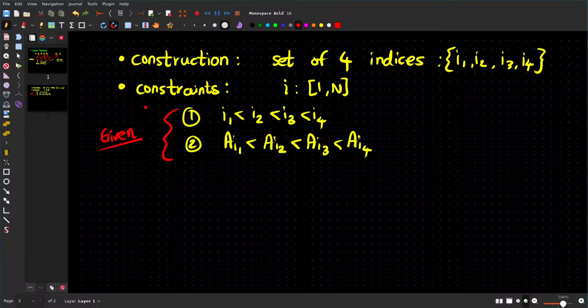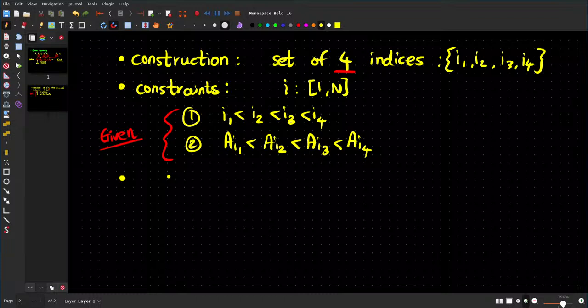So this is given, and you figured out that we need to construct a set of 4 indices. Some things you need to figure out, some things are already given in the question. So now you have these two pieces of information, the construction and the constraints of that construction. Now you need to start constructing this set of 4 indices.